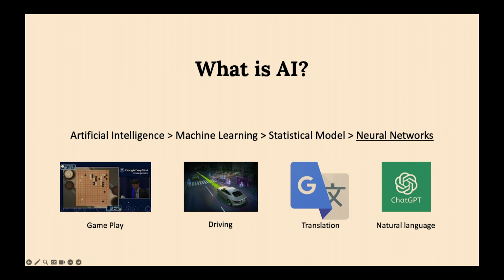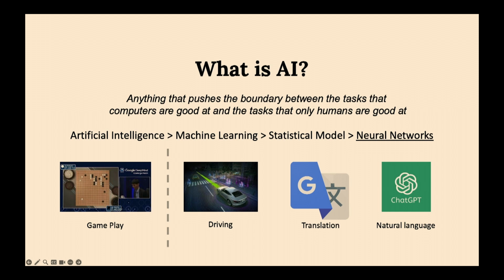Neural networks are the technology behind game AI that beats our champions of Go or of chess. They're behind automated driving software systems, machine translation of languages, and tools like ChatGPT.